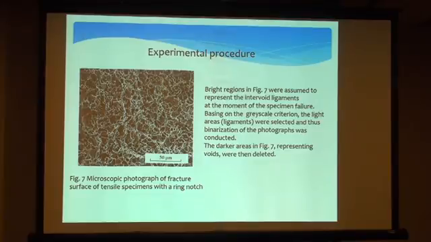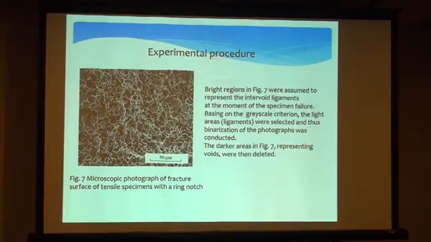But maybe I will explain it in a little bit different way. The white regions here were assumed to represent the intervoid ligaments at the moment of failure. Secondly, these darker areas were assumed to represent voids.